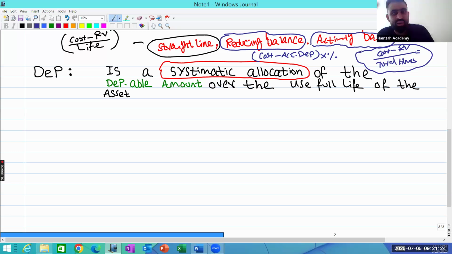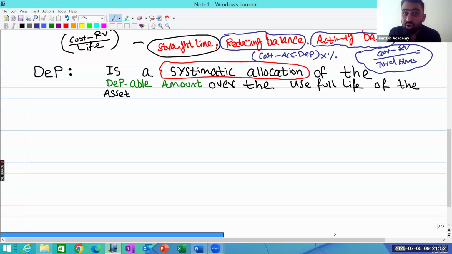So systematic allocation means the pattern of your depreciation, the pattern of your benefits. That pattern of your benefits will decide what depreciation method is suited to that particular asset. If we have plant and machinery, vehicles, then reducing balance would be appropriate. If we are talking about buildings, the straight line basis would be appropriate.